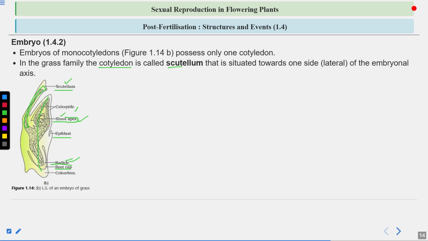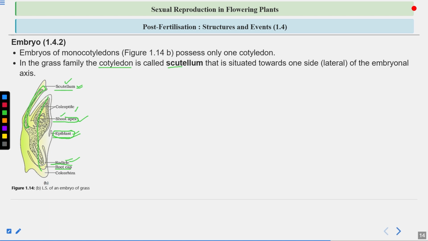Scutellum is doing the function of the cotyledon. Then one part is left behind, that is the epiblast. Now this epiblast gives rise to the germ cells and the somatic tissue of the embryo proper. They are concerned with developing the cells of the embryo proper.